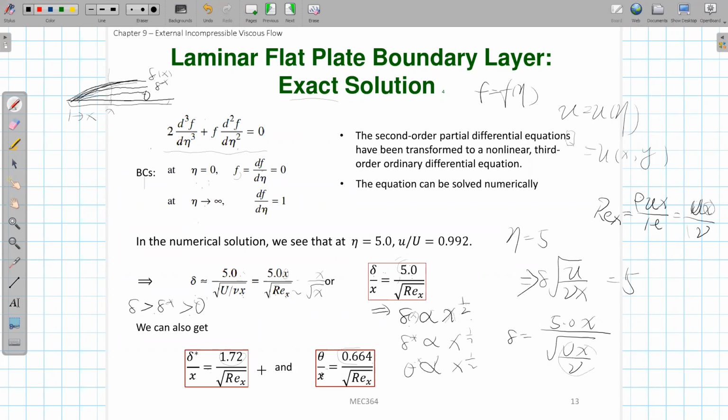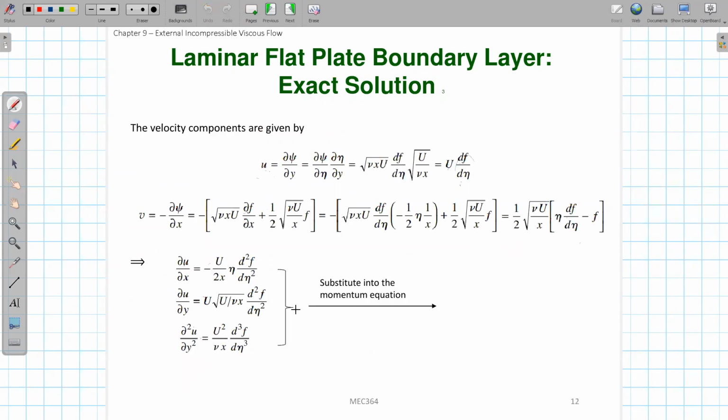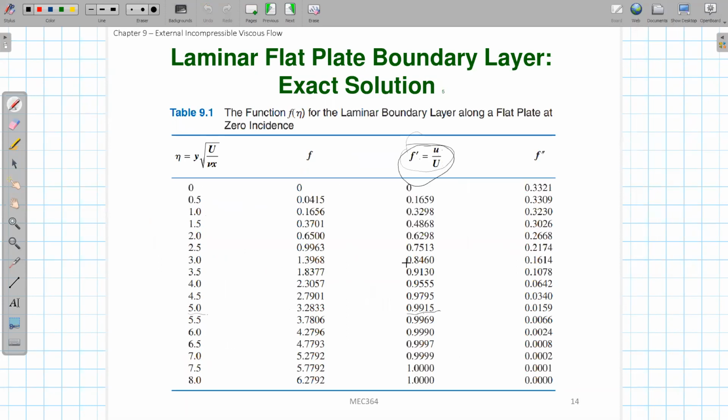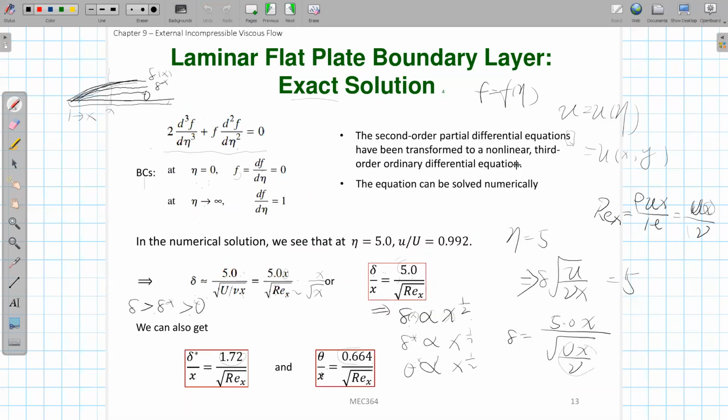So we developed all these three things based on the solution we got here for f, which we solved as this exact solution.